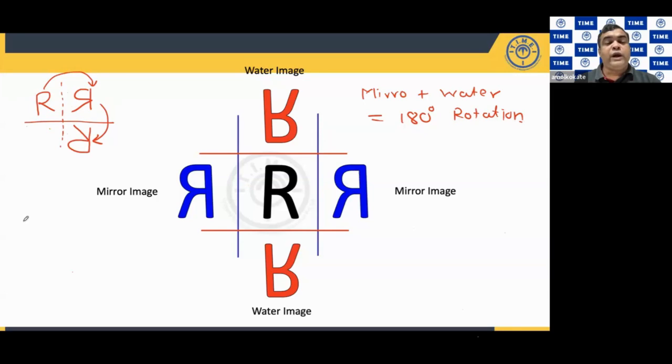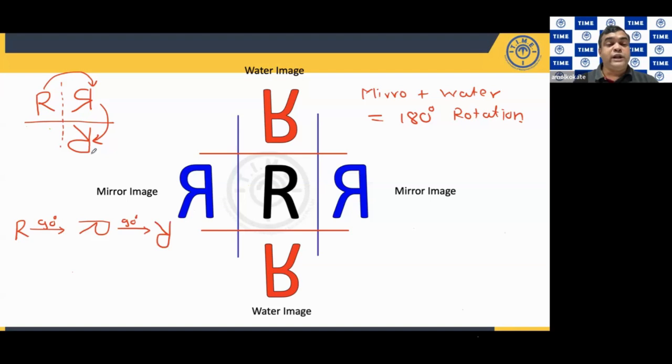Now the same figure I could have got by rotating by 180 degrees. You first rotate by 90 degrees clockwise, it will look something like this. If you again rotate by 90 degrees clockwise, it will look like this.